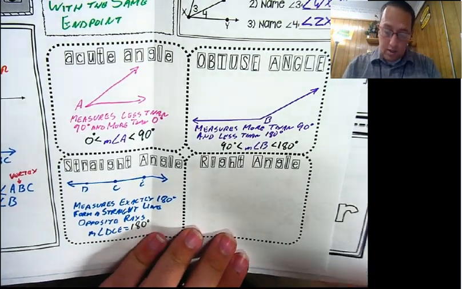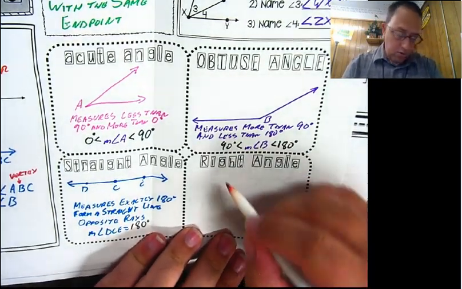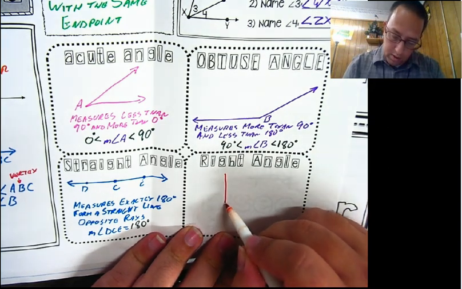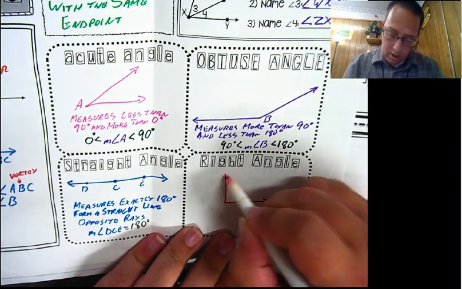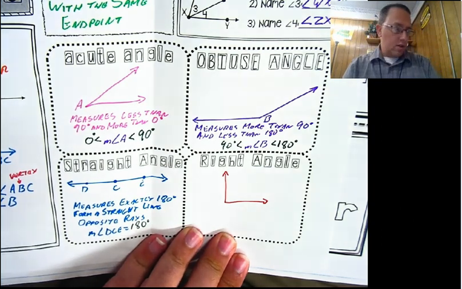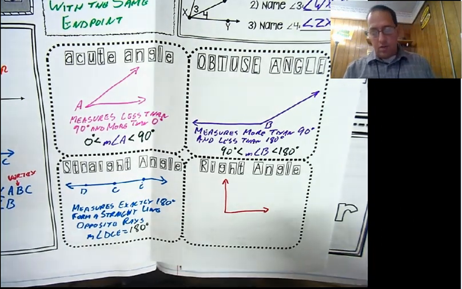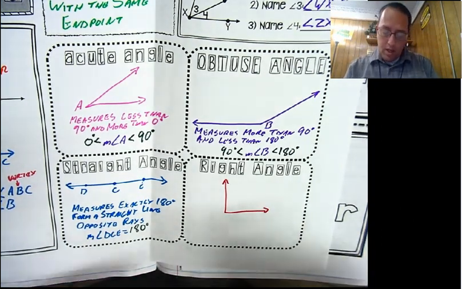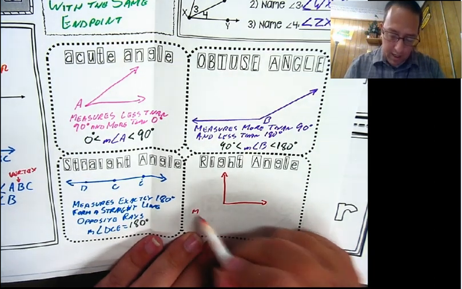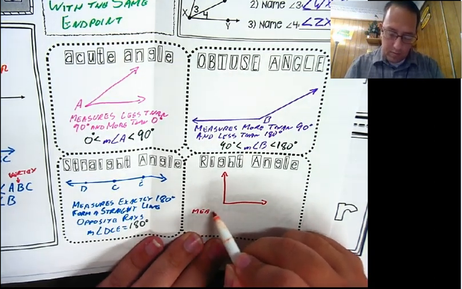We deal with this a lot. So a right angle is this right here. This is a right angle. And a right angle measures exactly 90 degrees.